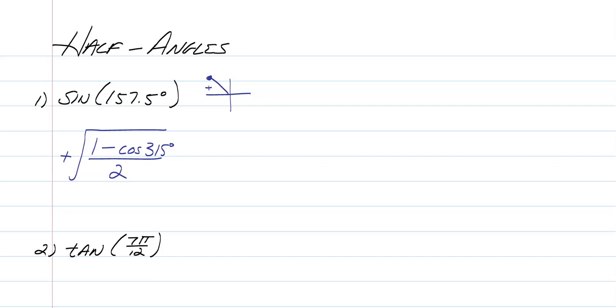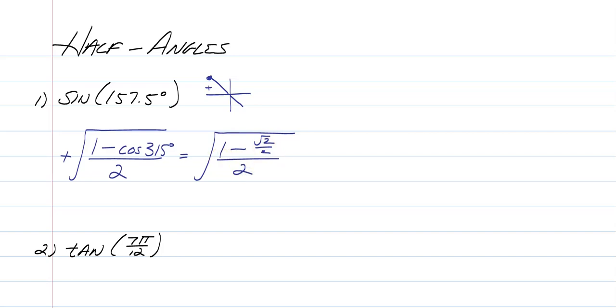And now you need to remember the unit circle. So what is the cosine of 315 degrees? So 315 down here, cosine is positive down here, and you have a 45-degree reference angle, so it's root 2 over 2. So when you're simplifying, the next step is 1 minus the square root of 2 over 2, and that's all over 2.